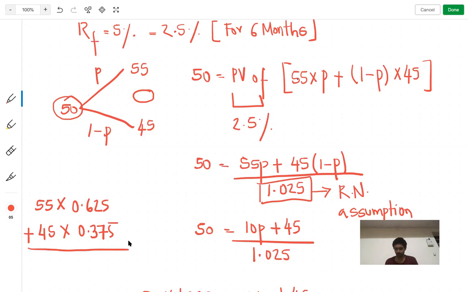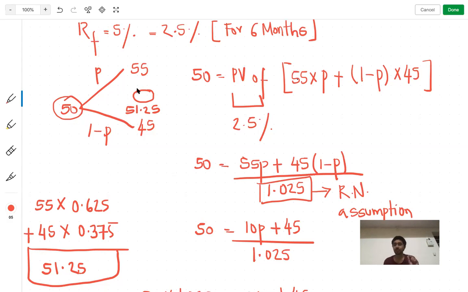You can also calculate it at your end. This is going to be 51.25. This 51.25 that we calculated is the expected share price at t equal to 6.